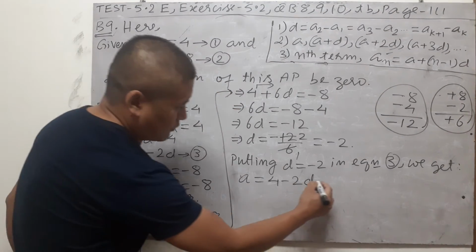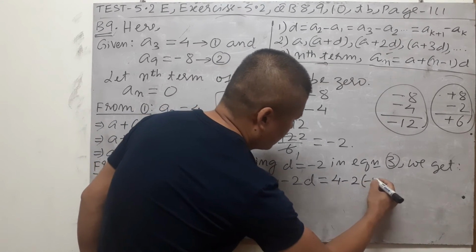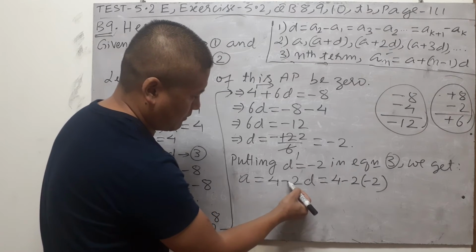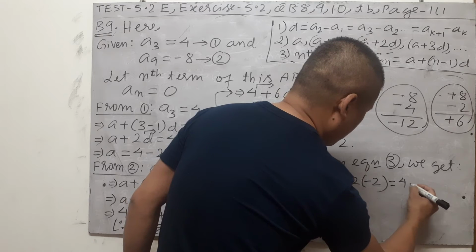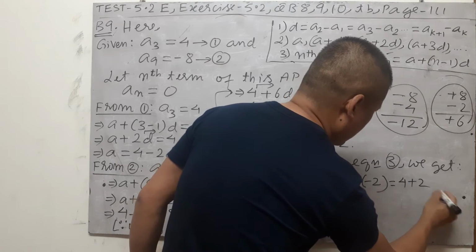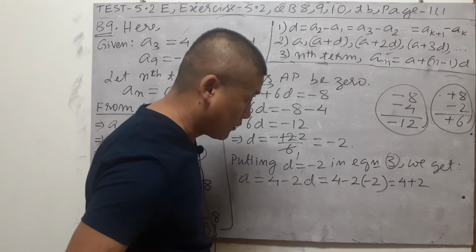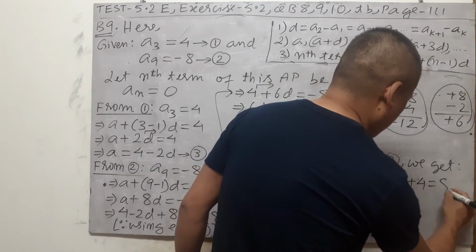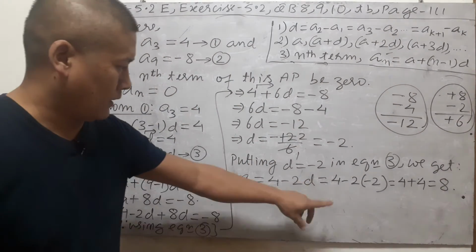So now we can put here 4 minus 2 into d, which is minus 2. This is 4 plus 2 into 2, because minus into minus is plus, and 2 twos are 4. So this is 8. So the first term value is 8. A is 8, d is minus 2.